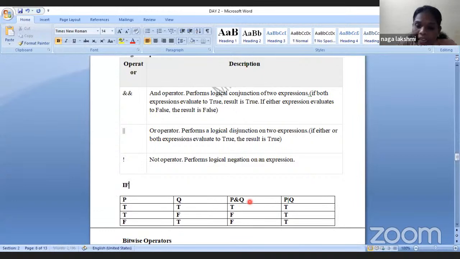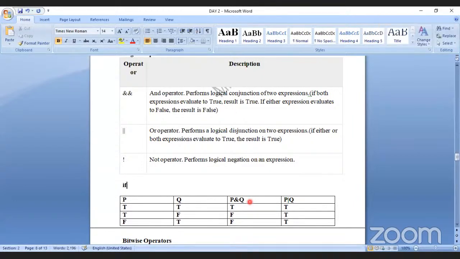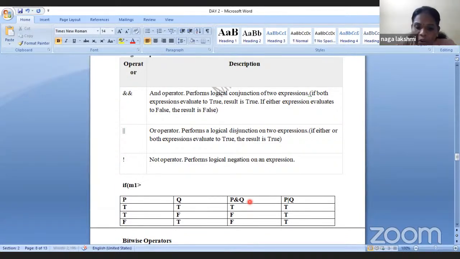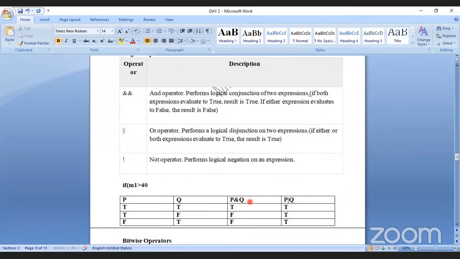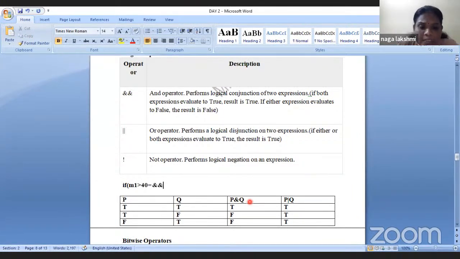What are they applying? Logical and. If I write here, if subject M1 is greater than or equal to 40, and M2 subject is greater than or equal to 40, and the next subject M3 is greater than or equal to 40.